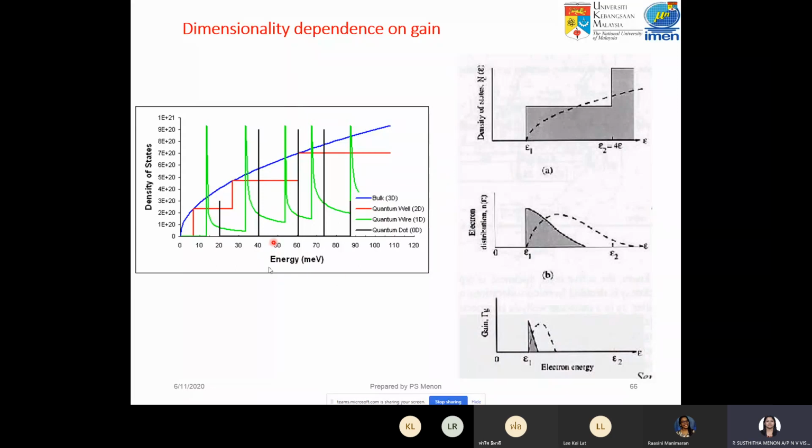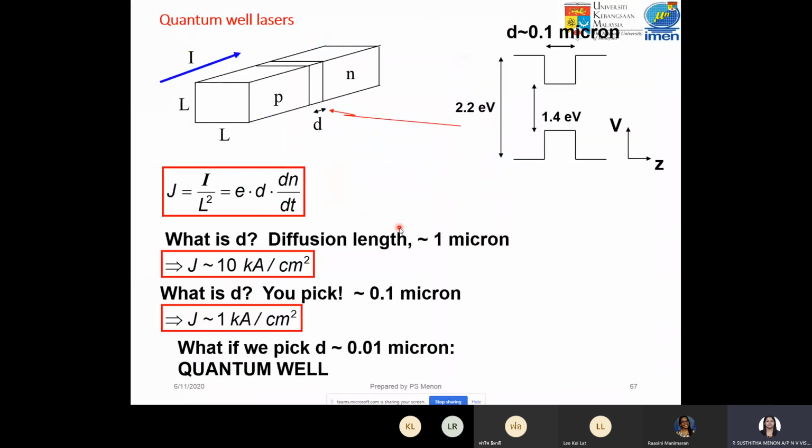Okay, so this is a basis of quantum dot, quantum wire, and so forth. Let's go back to the quantum well laser. Just now it was 1 micron, and the amount of current density is 10 kiloampere. Now remember, quantum well becomes smaller, so we pick 0.1 micron. So the current, of course, reduces to 1 kiloampere. You see, from 10 it became 1.